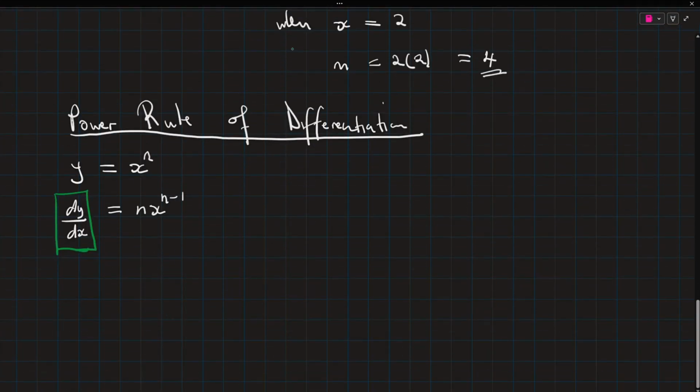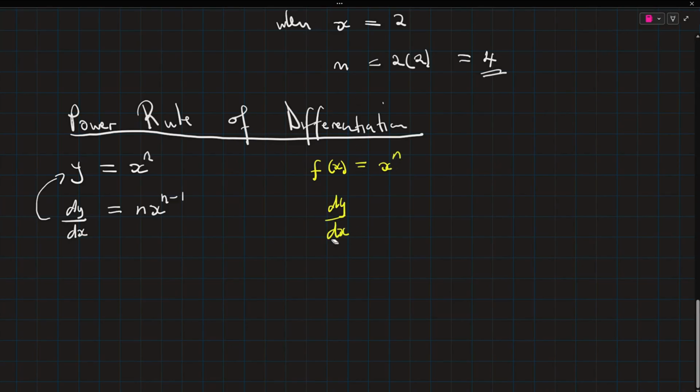If you look in your books, you're going to realize that there is the Lagrange notation and the Leibniz notation. The Leibniz notation says dy on dx, and you are only allowed to use dy on dx if the function was given in terms of y. But if the function is given in terms of x, like f of x is equal to x raised to n, you can't say dy on dx.